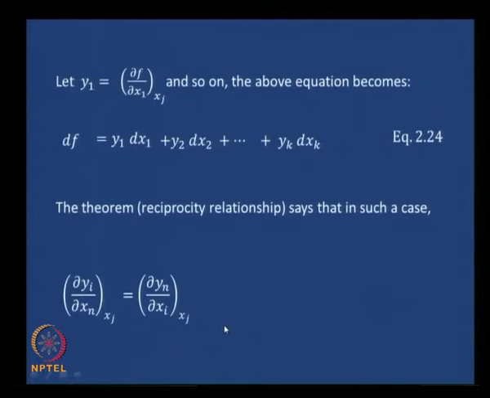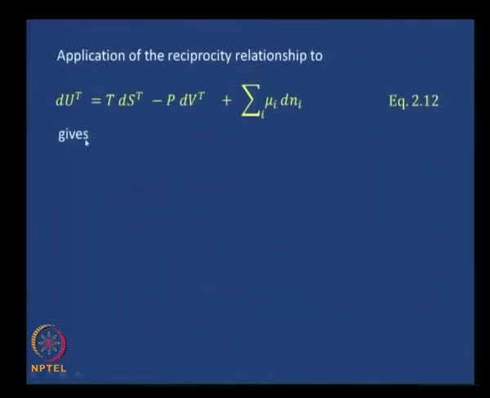If we apply this theorem, also called the reciprocity relationship, to the basic differentials that we had given earlier, if you recall equation 2.12, which is also given here, dUt equals T dSt minus P dVt plus summation of mu i dni. Remember that this consists of many different terms that are given by the sum sign.